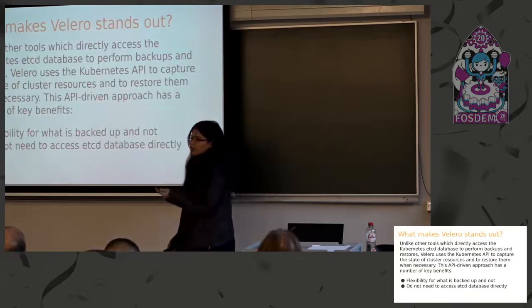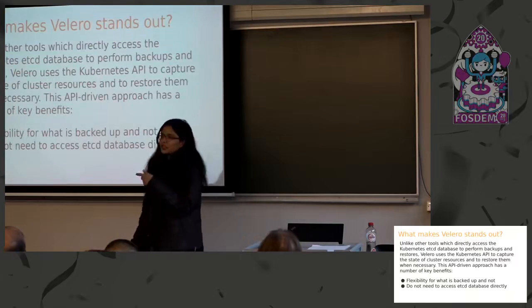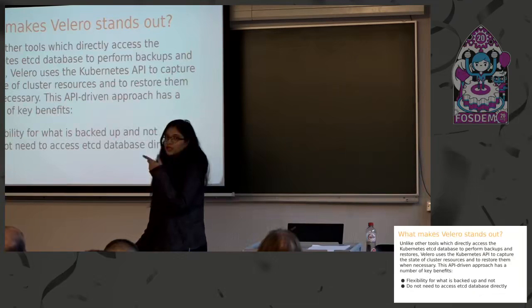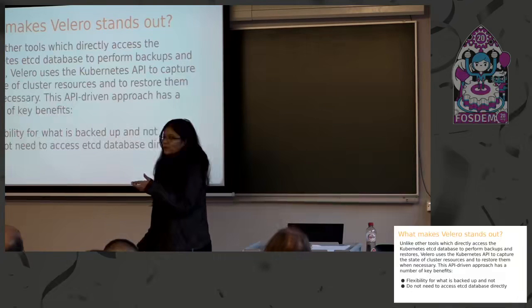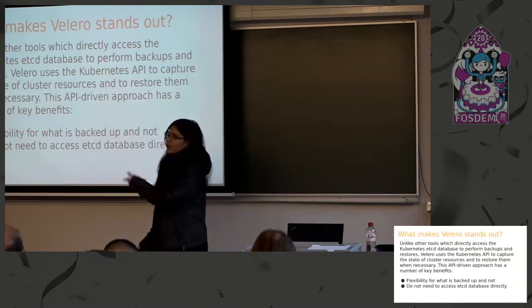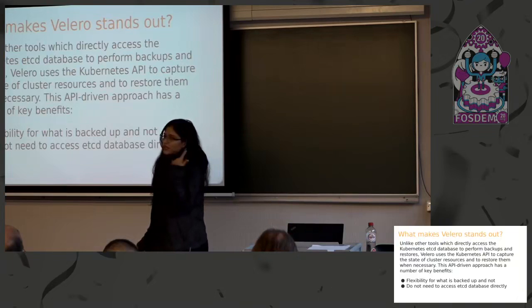You can also use a combination of these. If you want the namespace to be backed up, but you don't want a particular resource from that namespace to be backed up, you will use a combination: include namespace, which is MySQL, but exclude a particular resource, maybe service account, using your label selector.